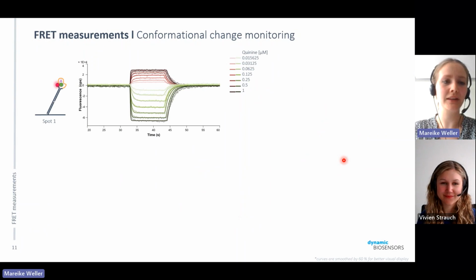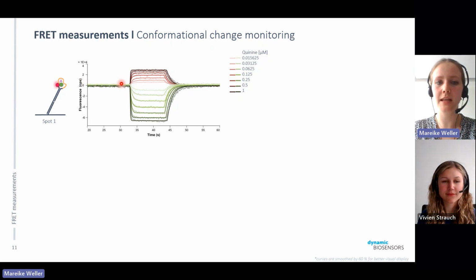On spot 1, which you can see on the left side, again, cartoon-wise, the measurement setup. You can see also the resulting curves of the different concentrations of quinine. First, we have our initial state, like our baseline, but upon association of quinine, we see that in green, we get a decrease of the green fluorescence. This is also then coming back during the dissociation phase.